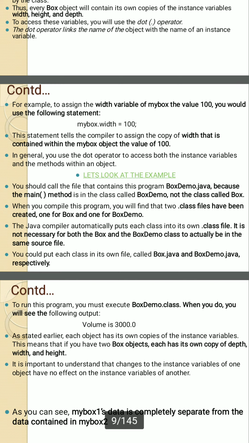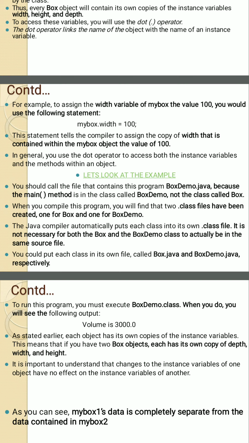And here you see how to run the program: java followed by the name of the class which has the main method. For saving the Java program, we use the file name .java. The file name should be the same as the class name which has the main method.